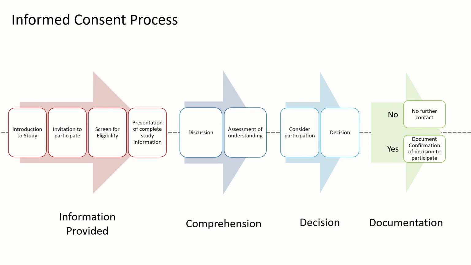Okay, so let's talk about what that process looks like. And this is kind of a big umbrella. There's sometimes nuances in here, but your first section of the informed consent process starts with introducing the study to the participant and inviting them to participate.